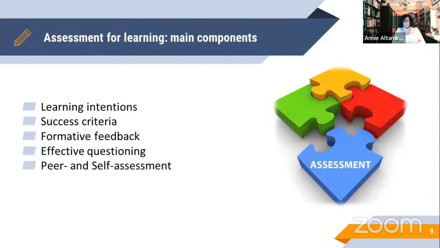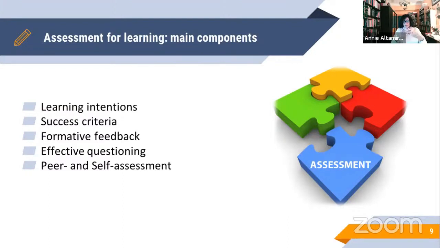Formative feedback that provides, as I have said, students with useful information, and you, of course, with useful information about the learning experience and also information about what to change if necessary. And feedback, in order to be formative, should be based on the agreed success criteria. And also peer and self-assessment.